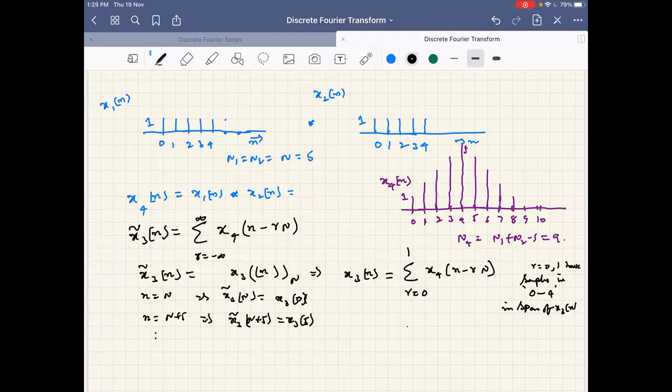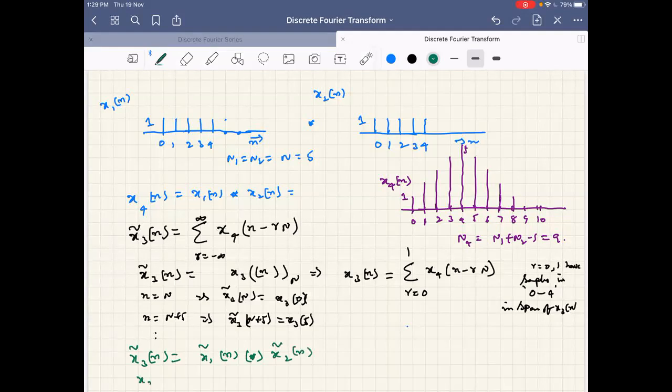Because x3 of n, as we know, is obtained from where? So I will write the relation for x3 of n. Please note that x3 tilde of n has come from x1 tilde of n circular convolution with x2 tilde of n.